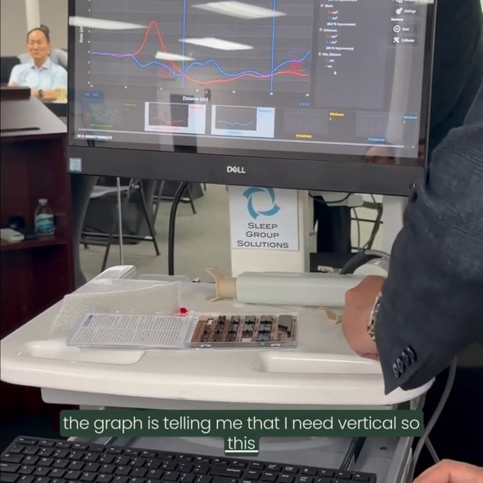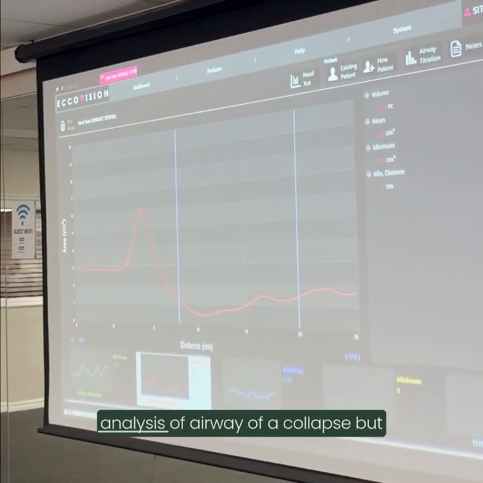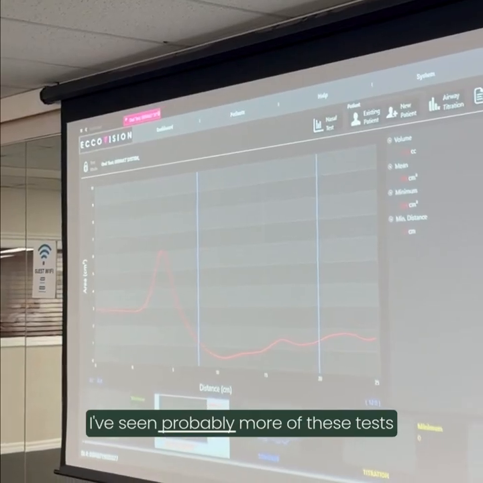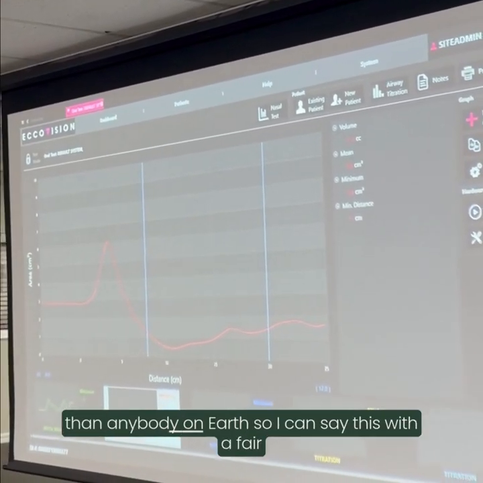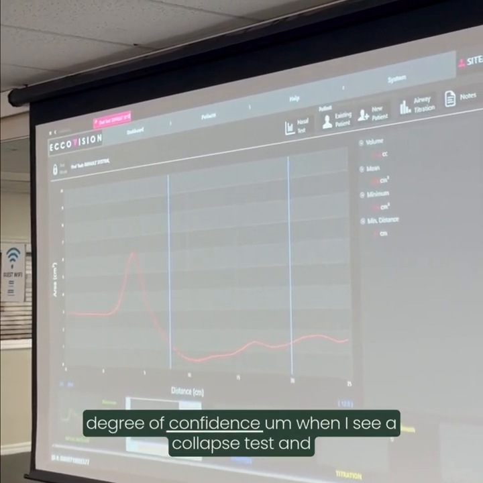This is totally anecdotal, okay? This is just John's analysis of airway collapse. But I've seen probably more of these tests than anybody on earth, so I can say this with a fair degree of confidence.